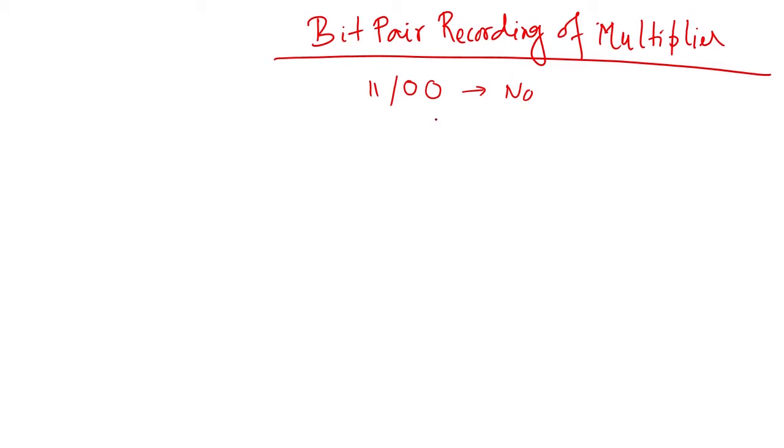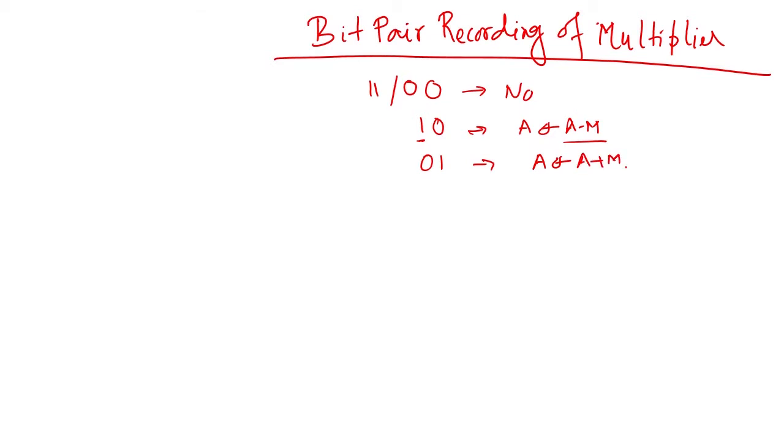Similarly, if it is 0 1, that means a block of 1 is going to start, so we did A equal to A minus M. And if it is 1 0, we add it.